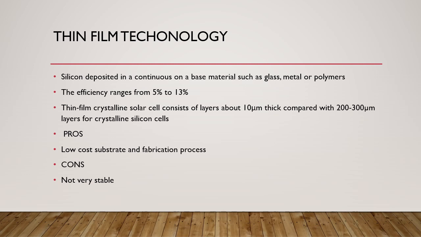Thin film solar cells consist of a layer about 10 μm thick compared with 200 to 300 μm for crystalline silicon cells. The pros are low cost substrate and fabrication process, and the con is that it is not very stable.